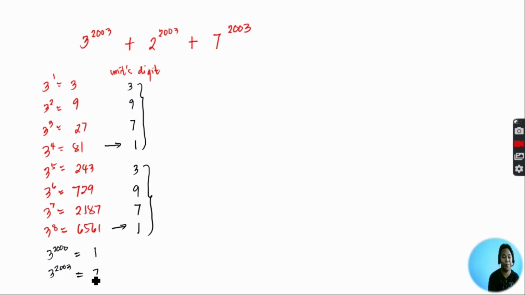So by looking at the pattern, since 2000 is divisible by 4, 1 po yung ating units digit. So for 2001, 3, for 2002, 9, and for 2003, 7. So yun po yung ating units digit ng 3 raised to 2003, which is equal to 7.